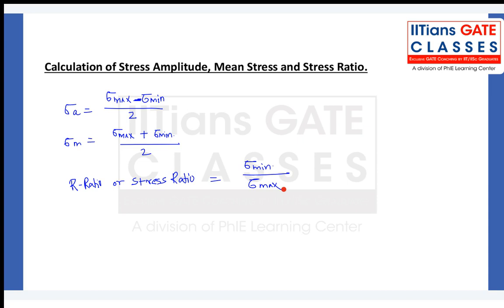It's not just the magnitude, you'll have to do it with sign, with sign convention. So let us try to apply these formulas, and these are frequently used in this topic: value of mean stress, stress amplitude, and R ratio.